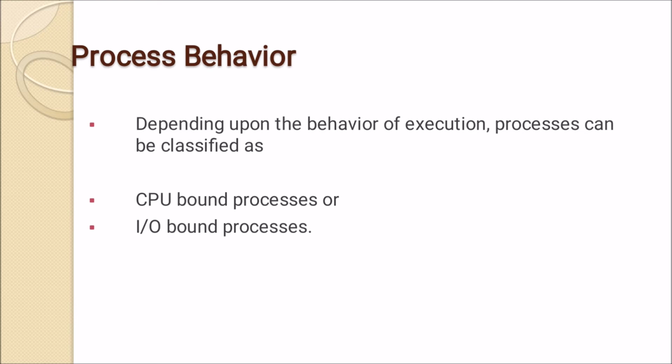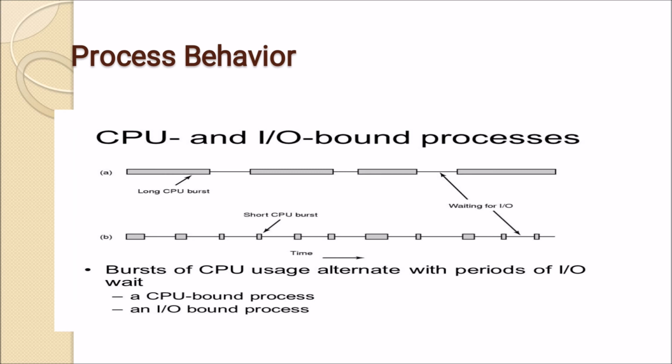Depending upon the behavior of execution, processes can be classified as either CPU bound processes or IO bound processes. What are CPU bound and IO bound processes? In a CPU bound process, there is a long CPU burst time and short input output wait time.